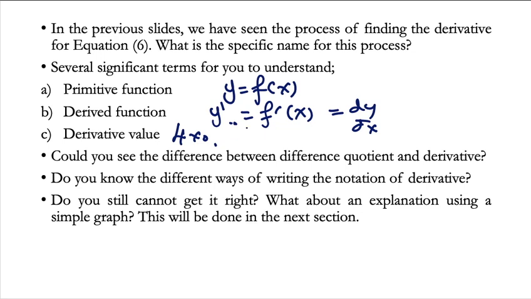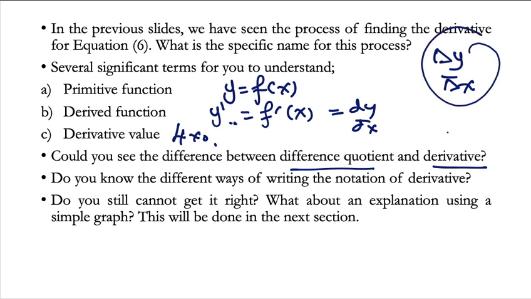Okay. So, could you see the difference between the difference quotient and the derivative? I did mention to you specifically that now you cannot say that change in y over change in x is a derivative anymore, but it is just the difference quotient. The derivative has to be the limit of the difference quotient when change in x approaches 0. Now, the next thing is that when we talk about the derivative, do you know different ways of writing the notation of the derivative? I did mention to you the method here.